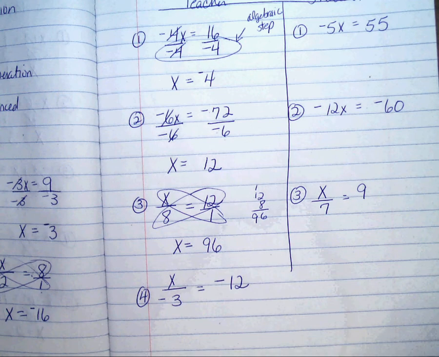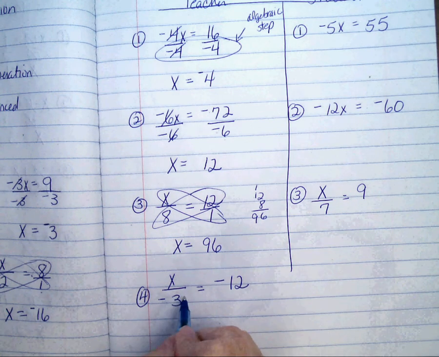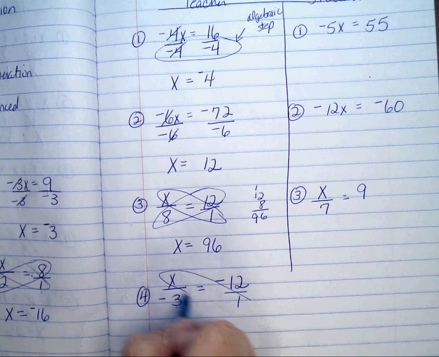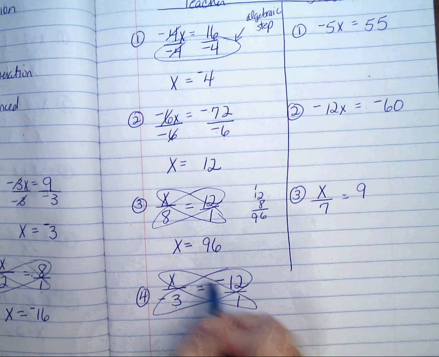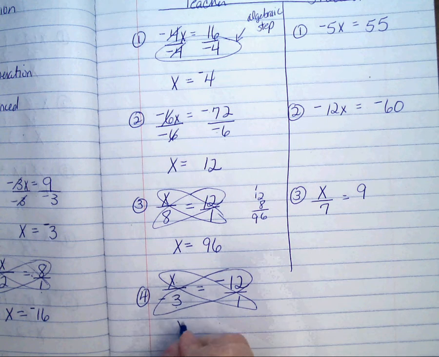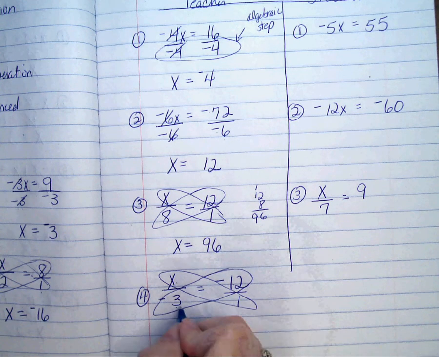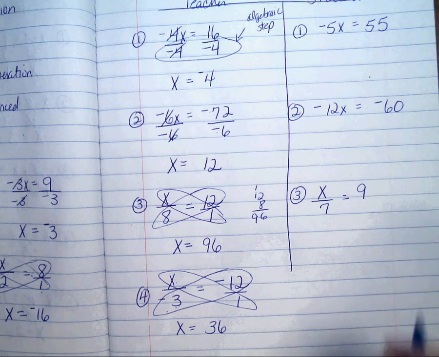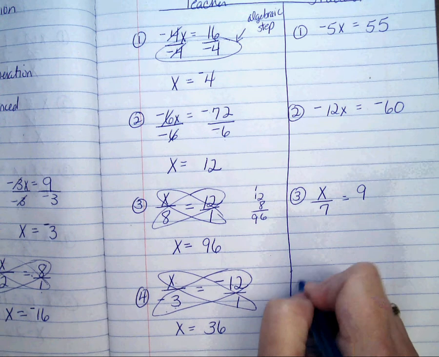Okay, let's do another one. Let's do x divided by negative 3 equals negative 12. Okay, the opposite of dividing by negative 3, I'm going to cross multiply, is multiplying by negative 3.